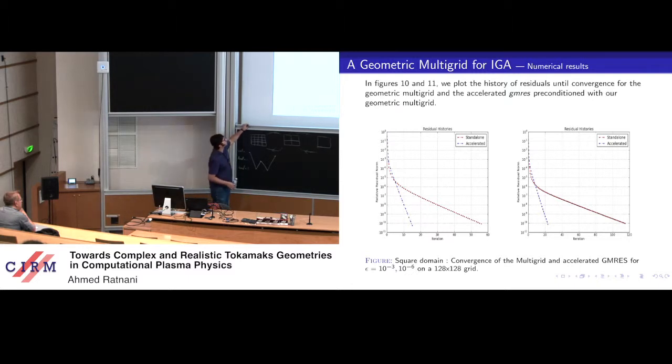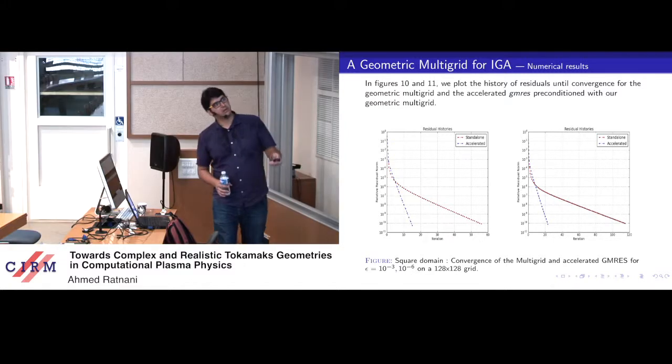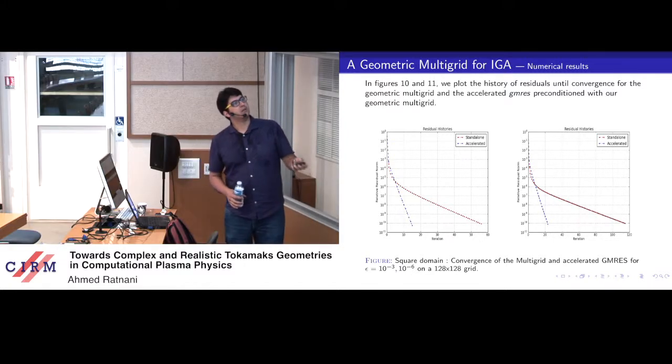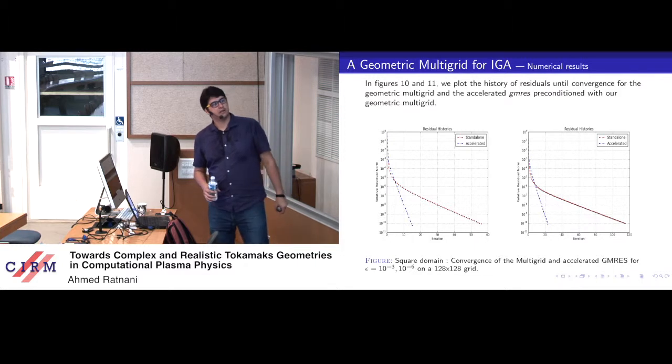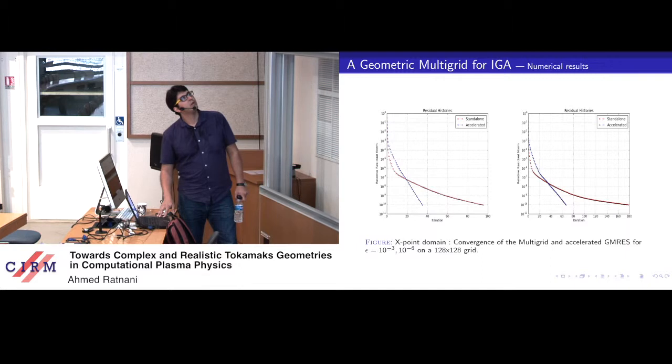And this is what we call the multigrid as a preconditioner, in fact. Okay. So as you can see here, we can reduce the number of iterations to an order of 10, depending on the anisotropy factor. Okay, so again, this was for the square domain.